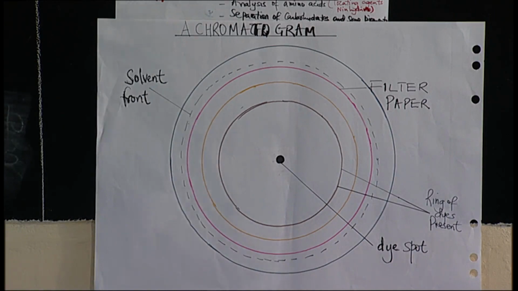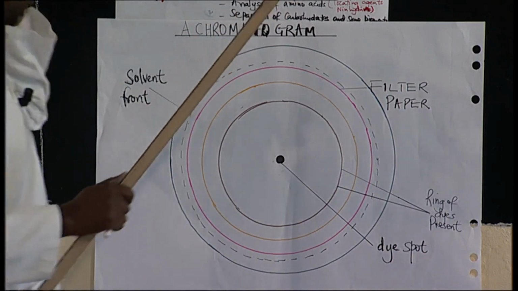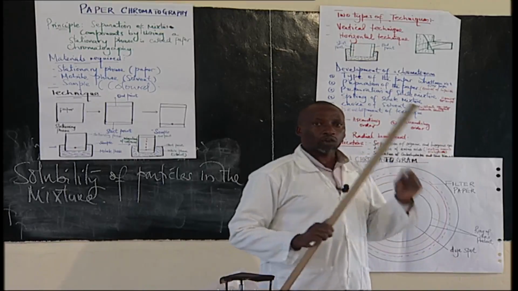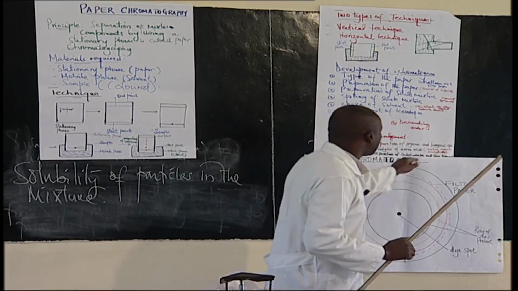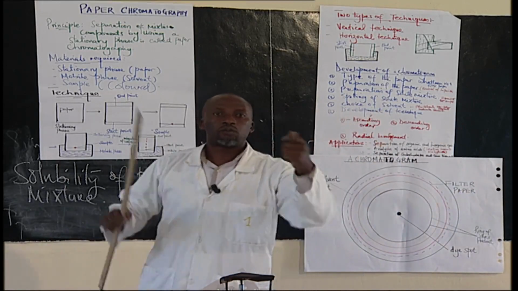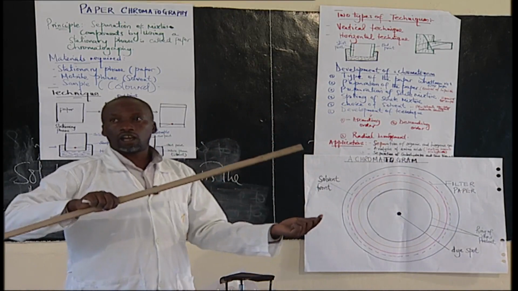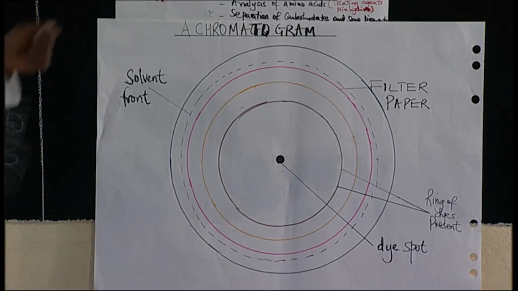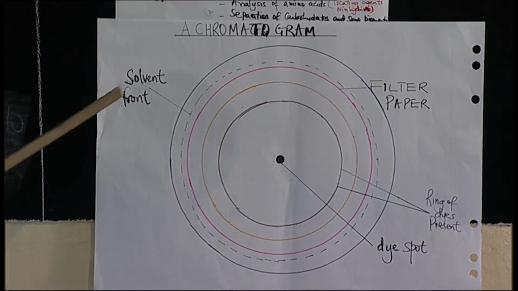Amino acids are colorless substances, so we need what we call a locating agent. The locating agent in this case will be ninhydrin, so it will turn the amino acids into colored substances, so that they can be easily separated.